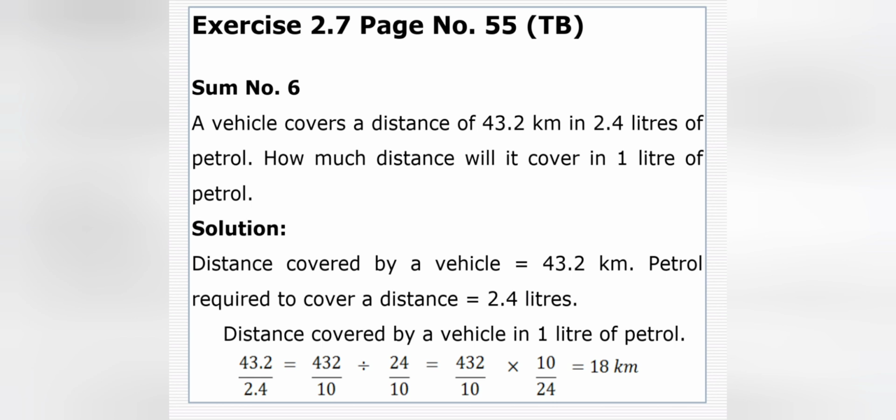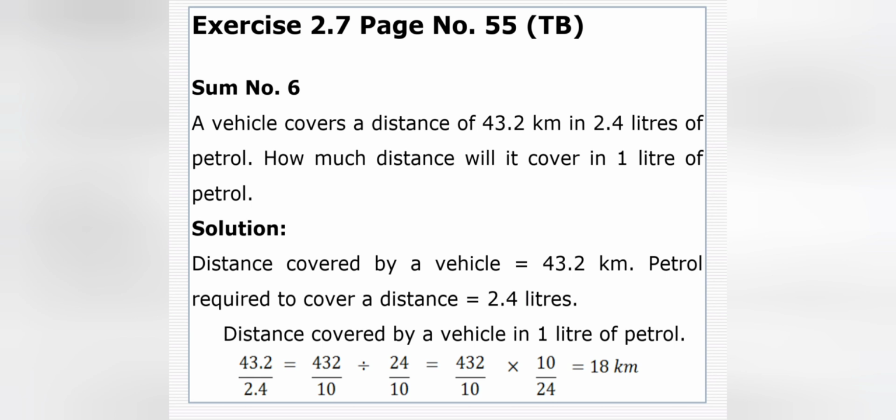Now here, let us solve this. Distance covered by the vehicle is 43.2 km, and petrol required to cover this distance is 2.4 liters. Now we have to find out how much distance the vehicle can cover in 1 liter of petrol.